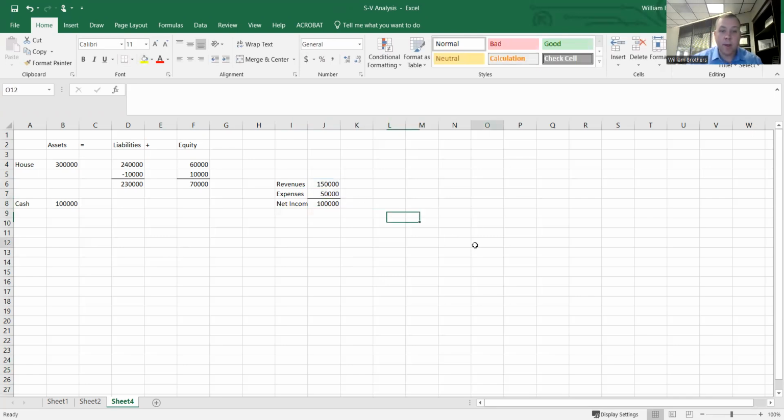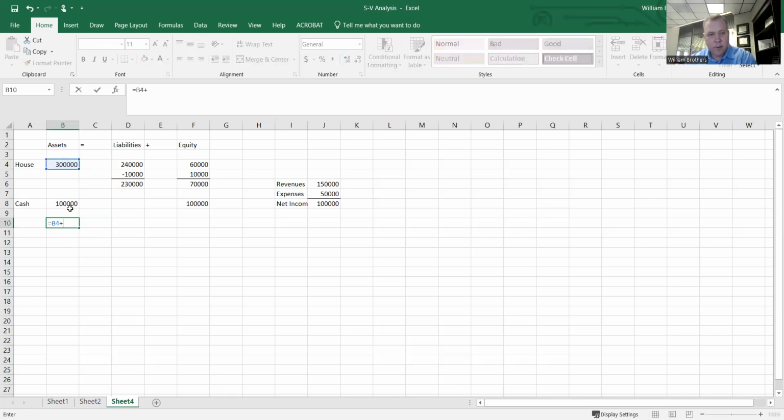And if I'm claiming the income in my personal wealth as the business owner, then as my cash increased, so did my personal wealth, which means that now the sum of my assets is 400,000. The sum of my liabilities and my equity is also $400,000.